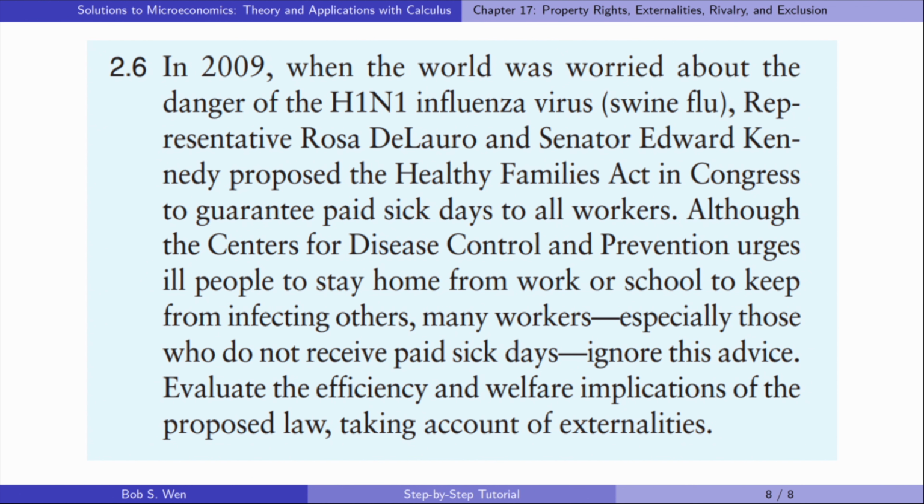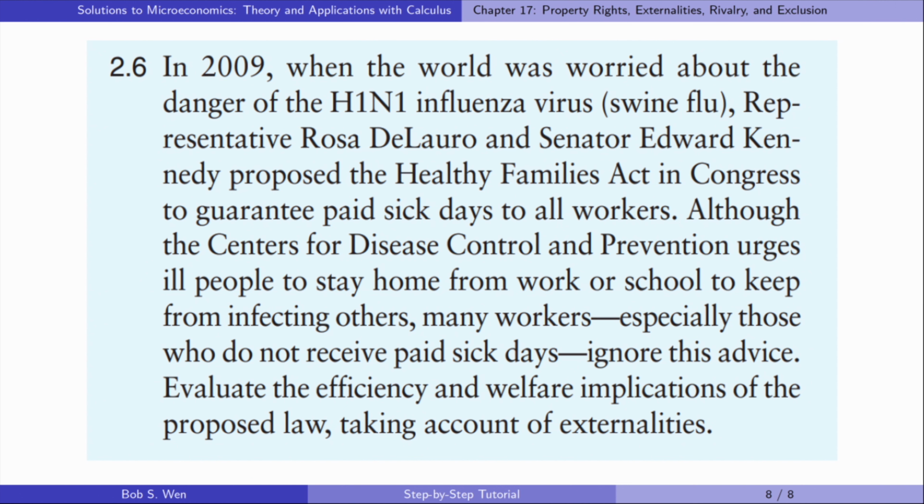Let's solve exercise 2.6. In 2009, when the world was worried about the danger of the H1N1 influenza virus, Representative and Senator proposed the Healthy Families Act in Congress to guarantee paid sick days to all workers.